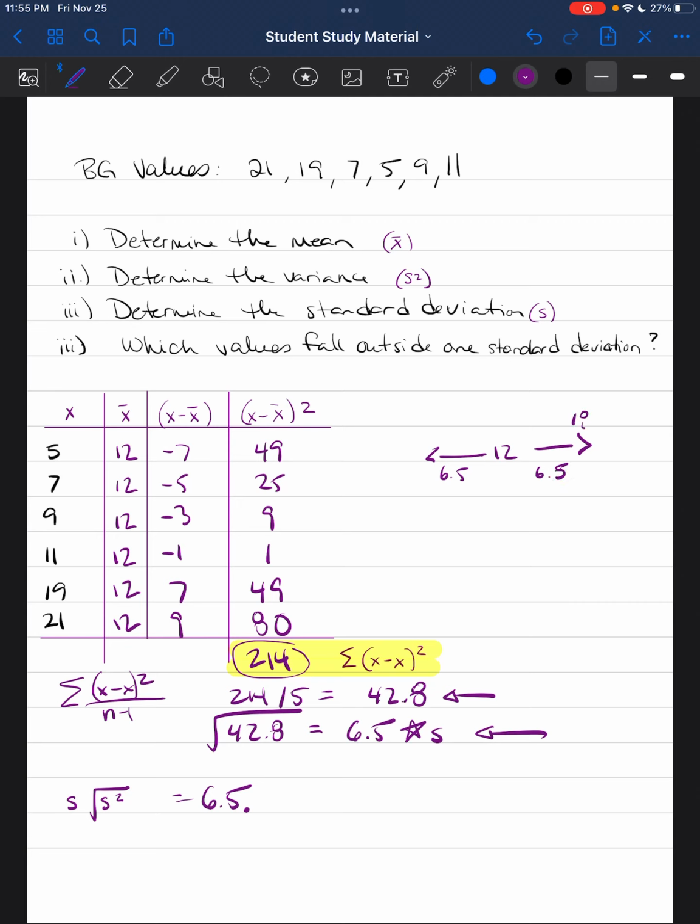So anything greater than 18.5 or less than 5.5 would fall outside of that standard deviation. As we can see here, 5 would be on this side, and 19 and 21 would be on this side, and they fall outside of those standard deviations.